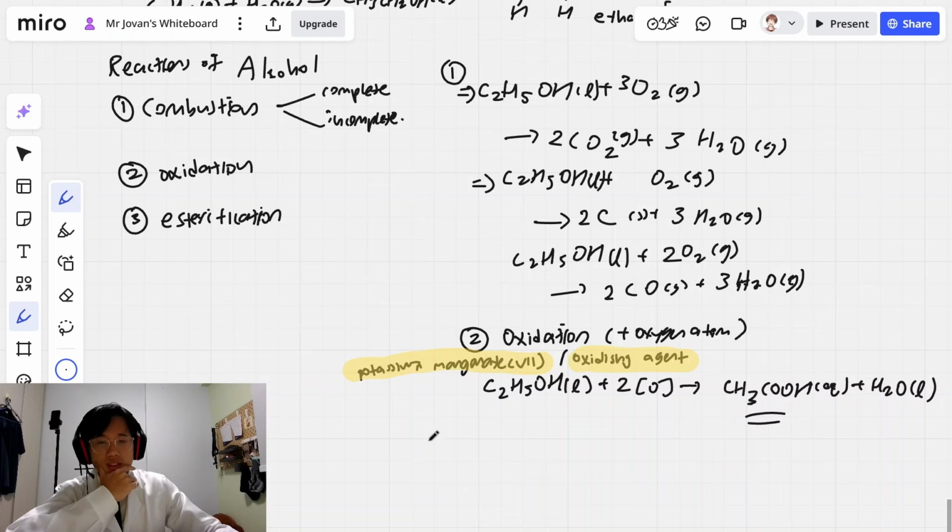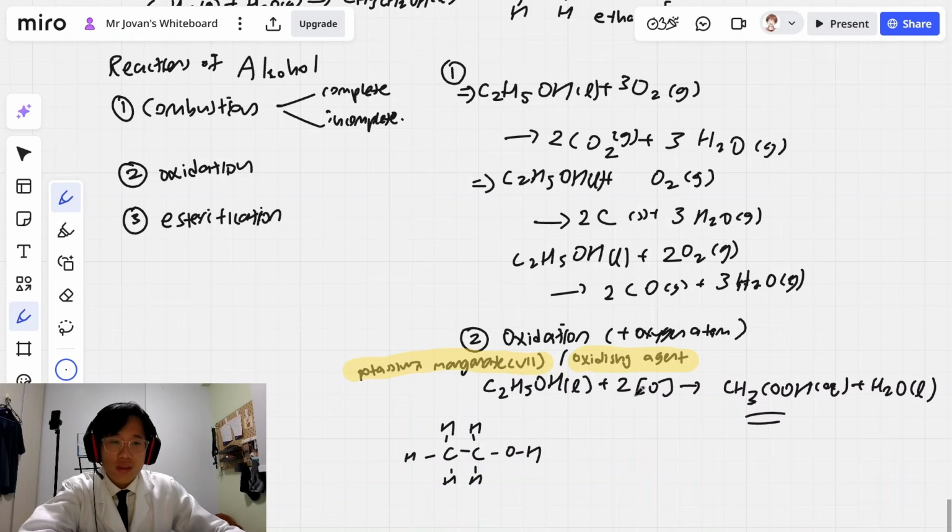I'm going to draw what it looks like right now. So we have C, C, H, H, H, H. What am I doing with this O?